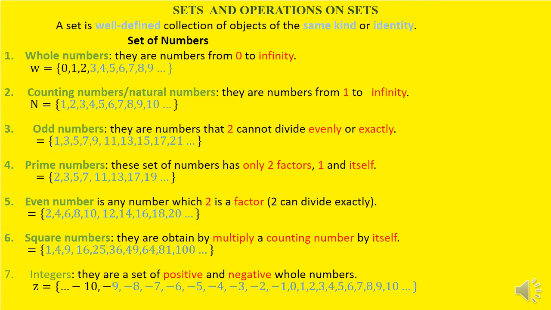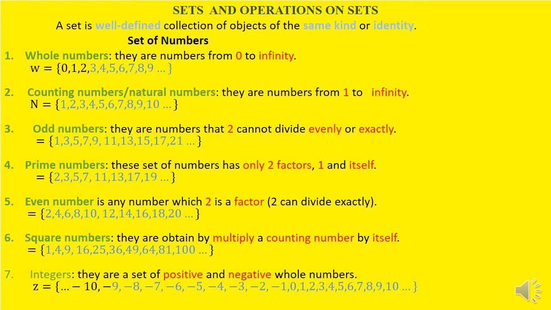Any number that you cannot divide by 2 is an odd number. It means that whenever we divide these numbers by 2, there is always a remainder.